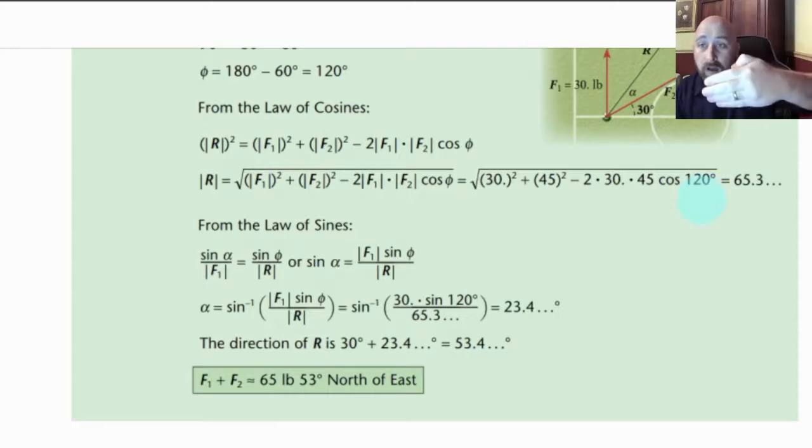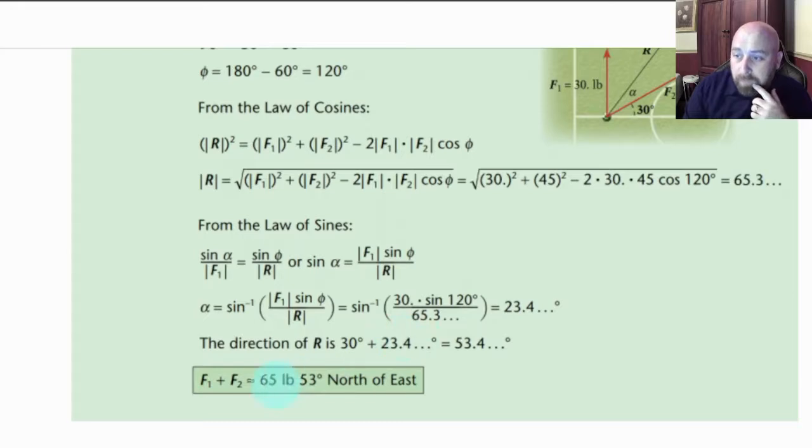One comes from the law of cosines, and then you take that answer and you plug it into the law of sines, and it's going to give you your angle. So the angle is 53.4, and the pounds of force is going to be 65 pounds would be the way to do that one.